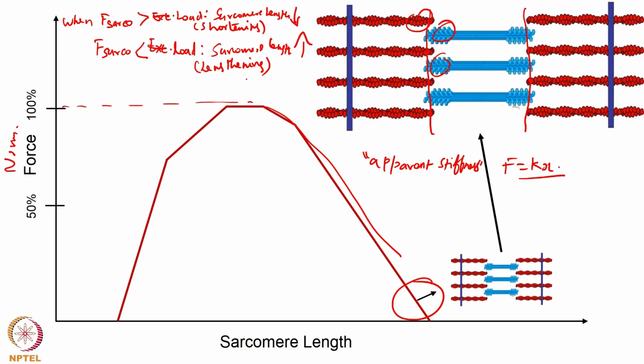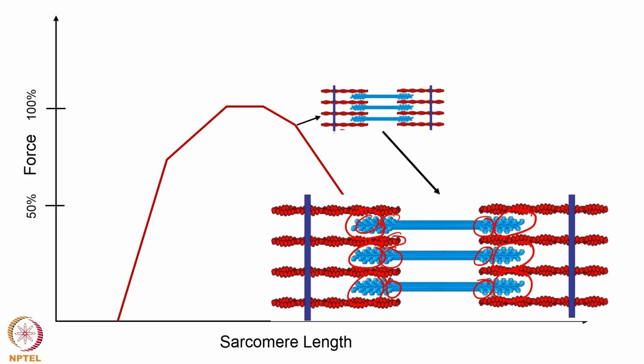So, let us remember what limits the velocity. The maximum rate of change of sarcomere length is limited by this biochemical process, by the interaction of myosin with actin, the speed at which cross bridges can form. There is attachment of myosin to the actin, and there is a pull, the power stroke, and then there is detachment, and then there is recocking.